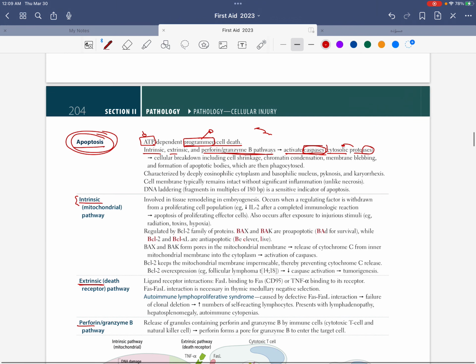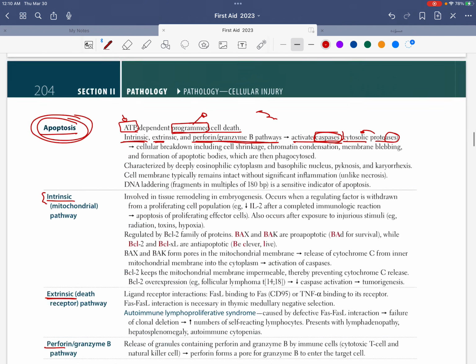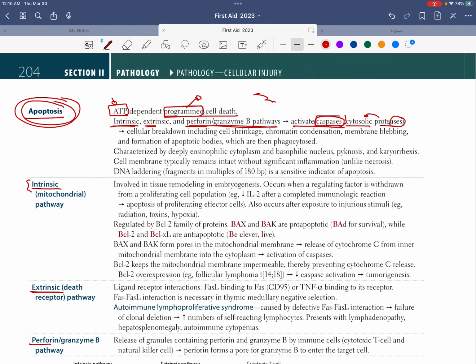They are activated through these pathways, whether it's intrinsic, extrinsic, or perforin or granzyme B pathways. These caspases end up killing the cell, causing cellular breakdown, which includes cell shrinkage, chromatin condensation, membrane blebbing, and formation of apoptotic bodies, which are then phagocytosed.